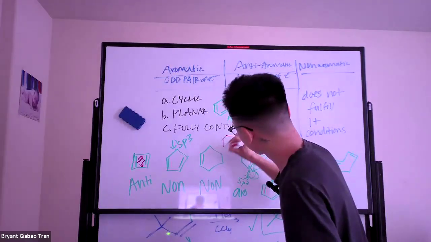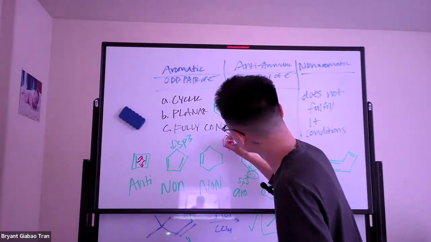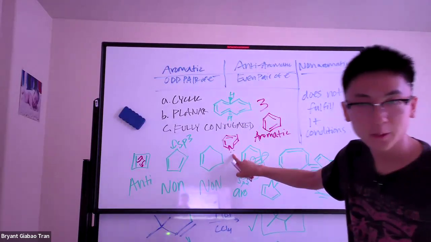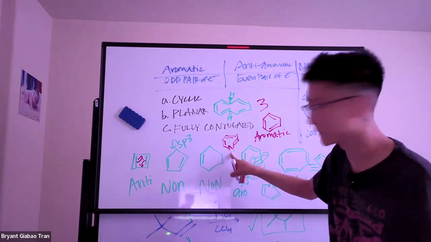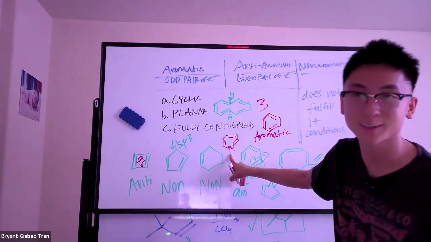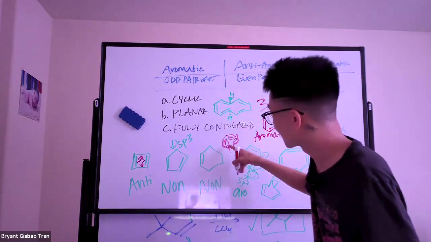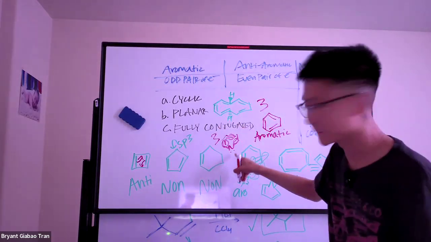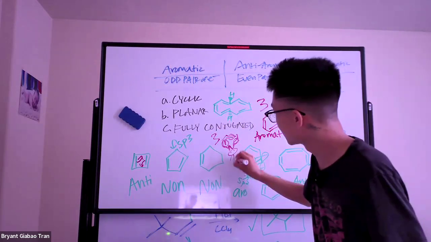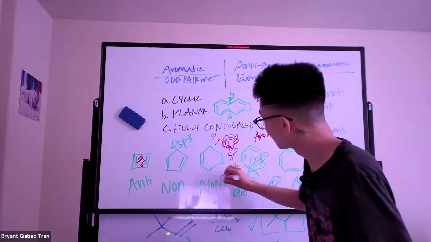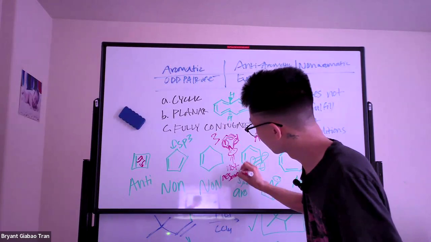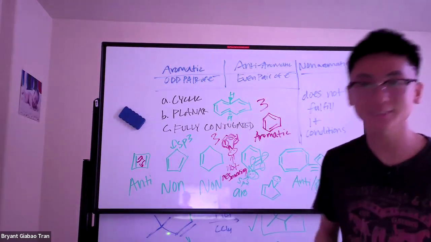But the pyridine is a trickier example because it has that pair of electrons right there, but that pair of electrons does not count because it's not resonating. It's not participating in the resonance ring. It's only these 3 pairs of electrons there, right? Which is why this is aromatic. This pair of electrons here is not resonating. Right? Does that make sense so far?